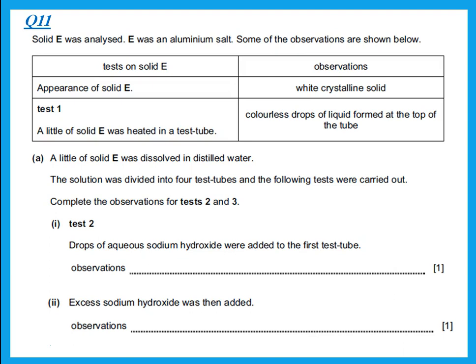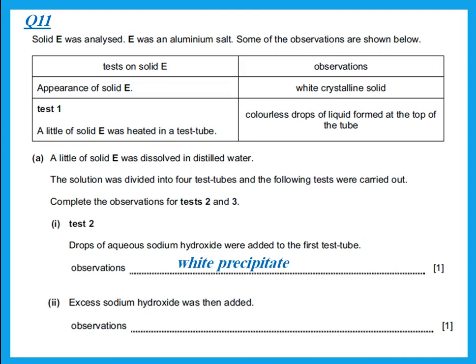Now, test 2 says he added drops of aqueous sodium hydroxide. So the first thing I'm going to ask myself: he added the sodium hydroxide to what? What do we have? At the top, he says E was an aluminium salt. So we're adding sodium hydroxide to something that has aluminium. We're adding drops at the beginning.